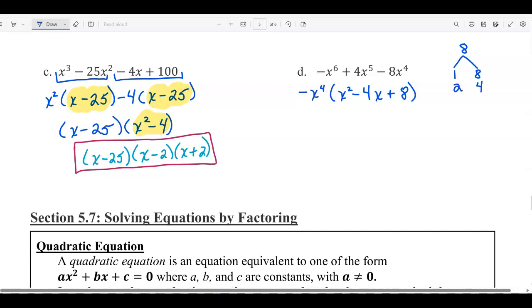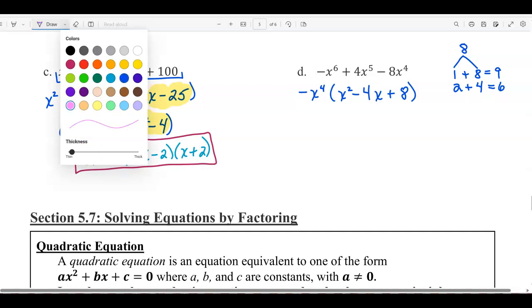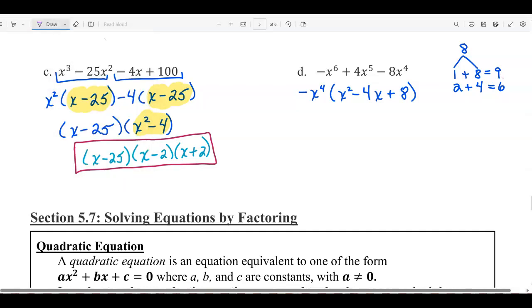Because of the plus, I'm going to add them together, and I'm going to look to match that 4. And do you see what happens? Although we have two possibilities, neither one of them actually matches that middle number. So we're looking to match this 4. So this technique actually doesn't allow us to go any further. We tried, but it does not.